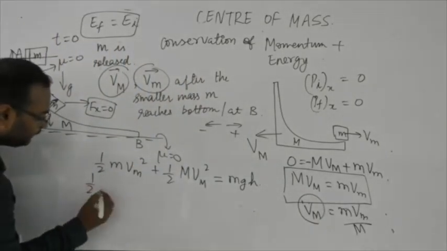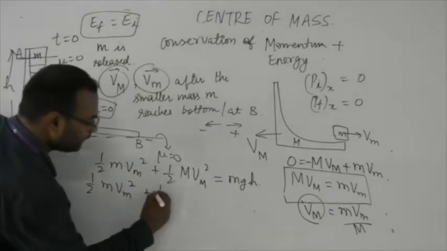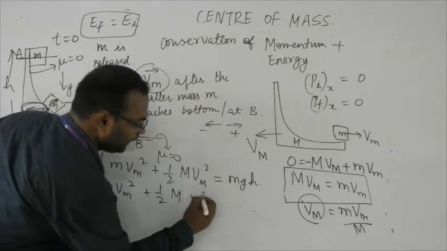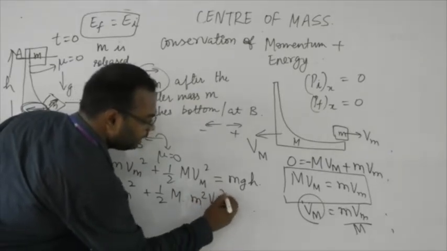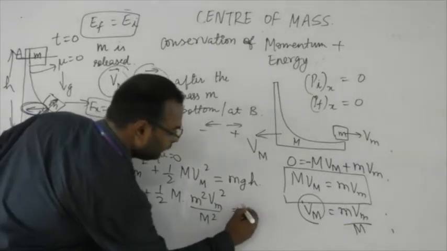So this will be half m v_m square plus half M times m square v_m square upon M square equals mgh.